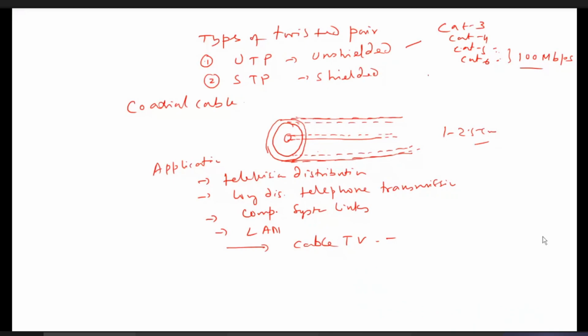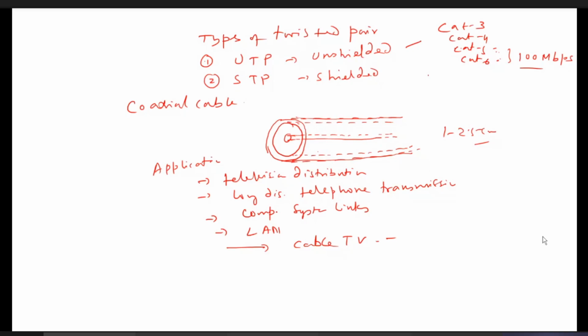And we have seen that internet lines mostly use coaxial cables. Of course, at present, there is huge competition for coaxial cables from optical fibers, and of course microwave, wireless communication, or satellite.